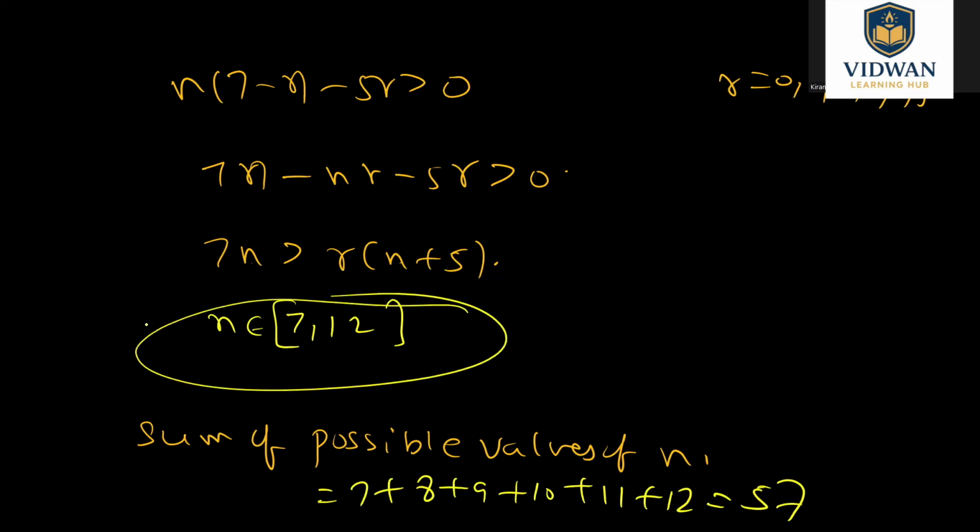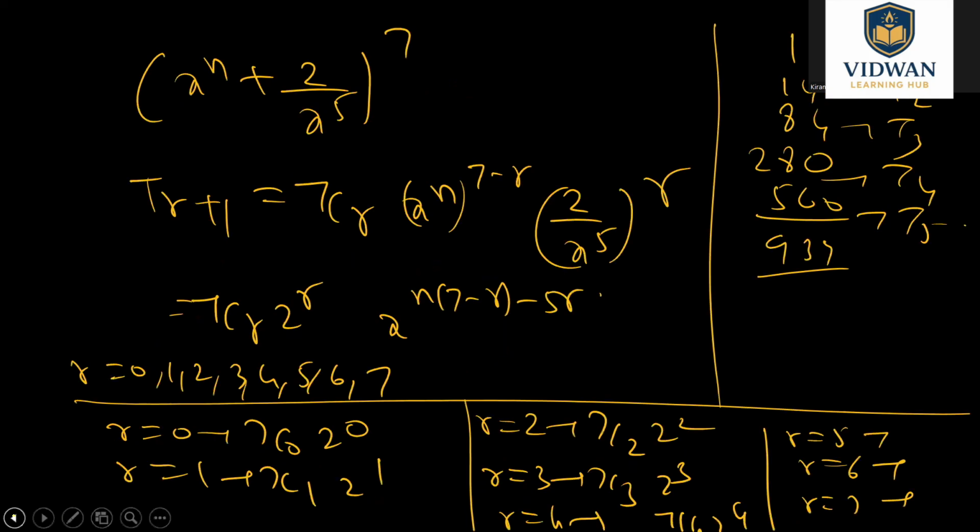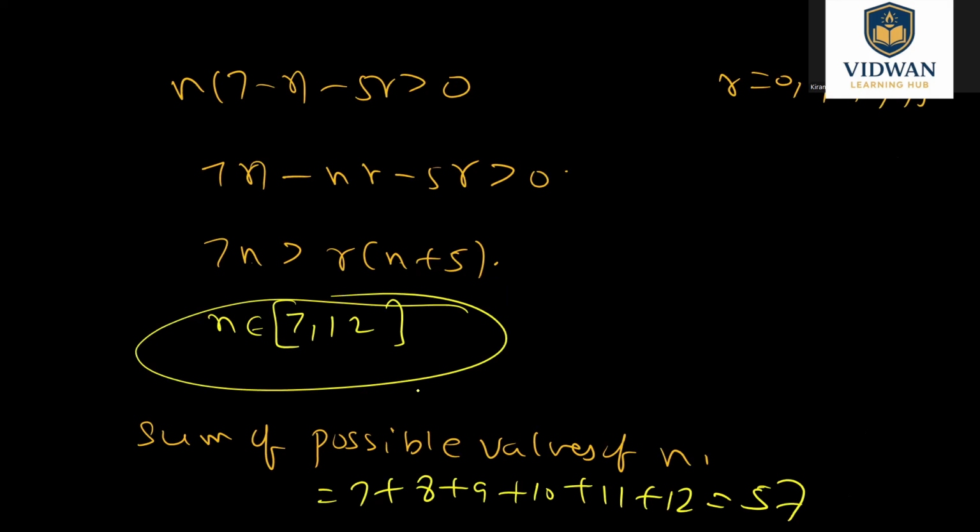But how to decide this, you check. So actually, what condition you can apply is directly, you can take till fifth term only. So what is the power? If I put for fifth term, for r equal to 5, what will you get? 7n is greater than 5(n + 5).